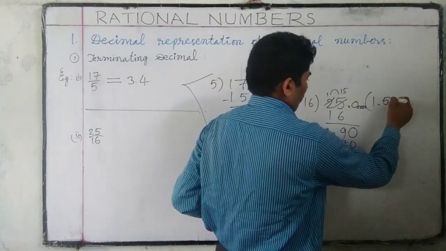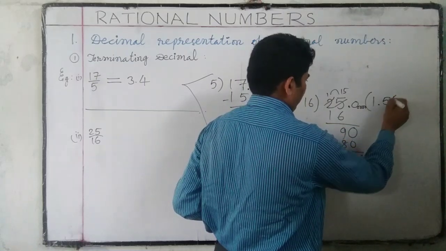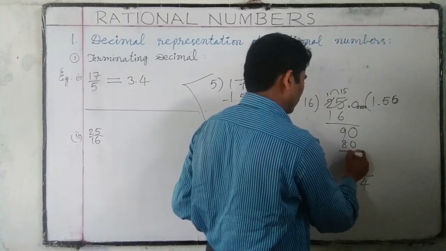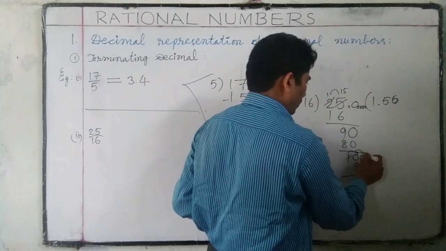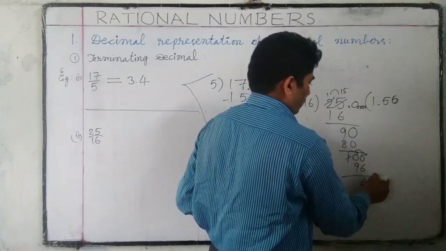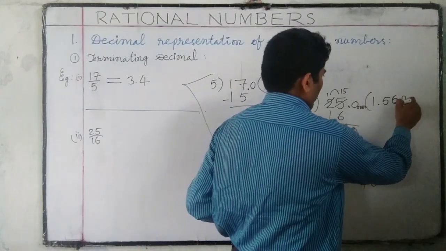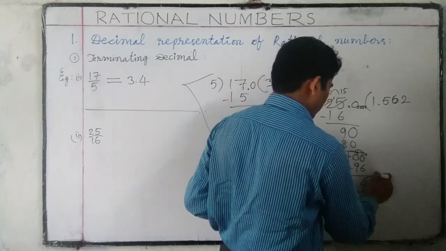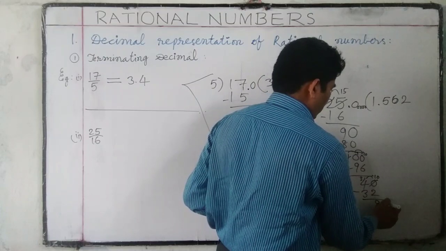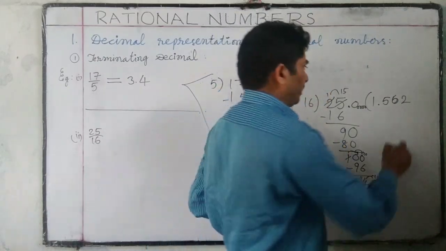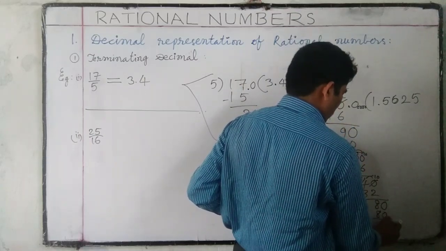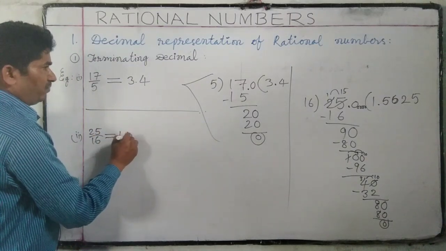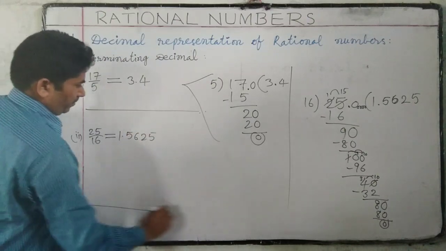So 16 sixes are 96, remainder 4, 40. 16 twos are 32, remainder 8, 80. 16 fives are 80, so remainder 0. So 25 by 16 is equal to 1.5625. So this is the answer.